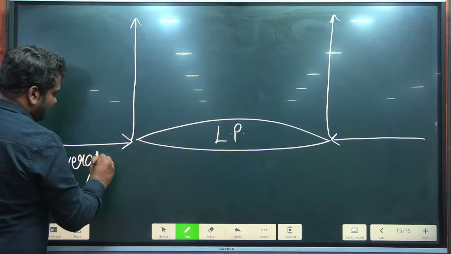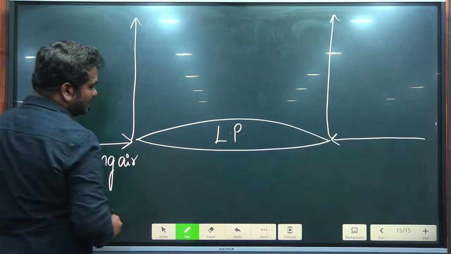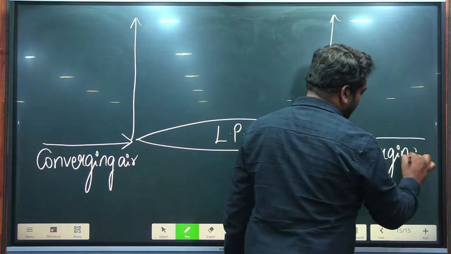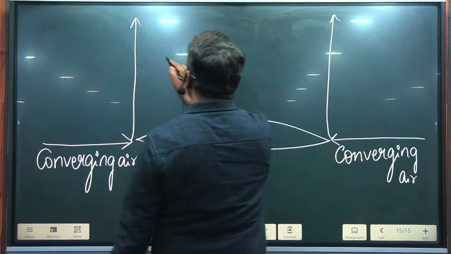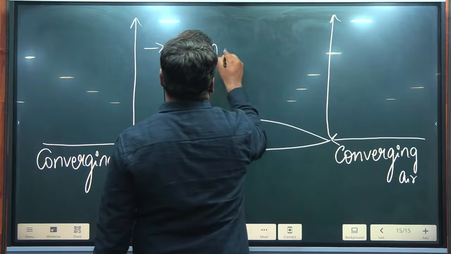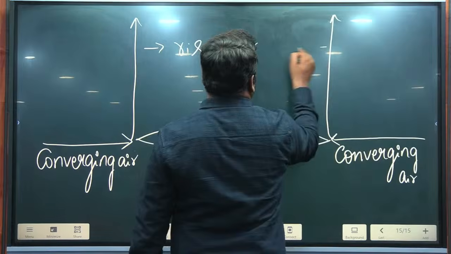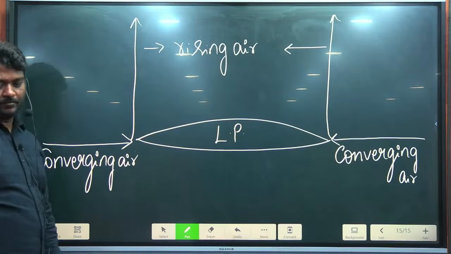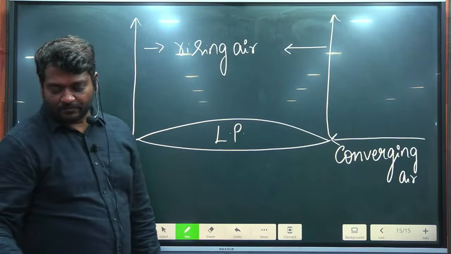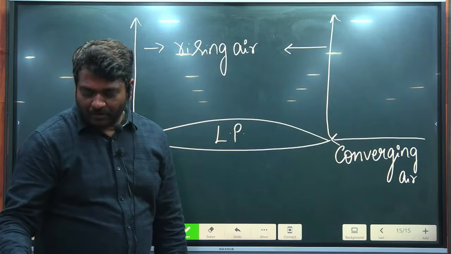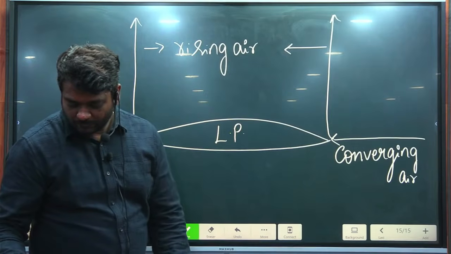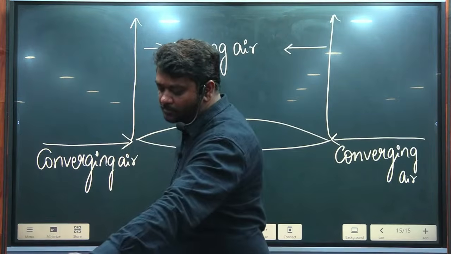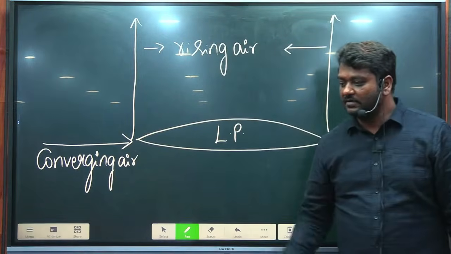In the atmosphere, wherever there is converging and rising air, we observe a low pressure area. Draw this.